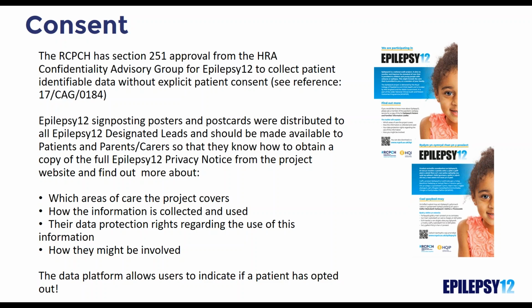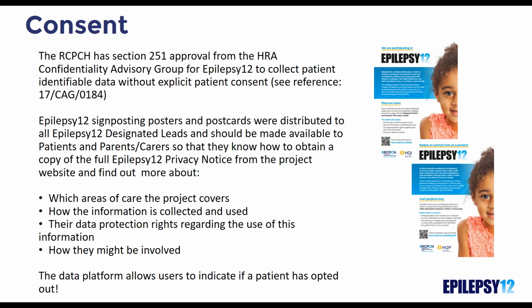This next slide is about consent, because this is audit and we've achieved 251 approval. We don't need explicit consent from families for children's data to be entered into the platform. One of the nice things about the platform is that we can now put in the child's name and identifiers and then track their care over time. So it's not anonymous to us as clinicians using the system.